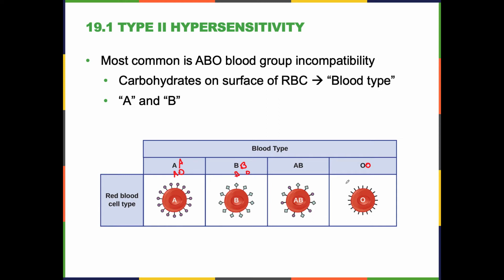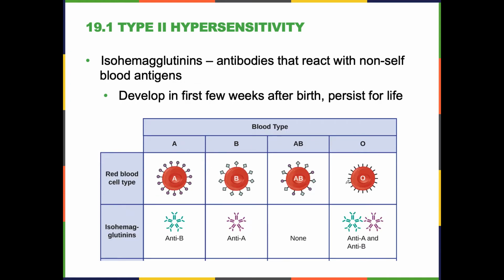So remember, if you are an A blood person, A is self because you have A blood. What ends up happening over the course of your first few weeks of life is that along the way of B cell maturation, we develop these things called isohemagglutinins.